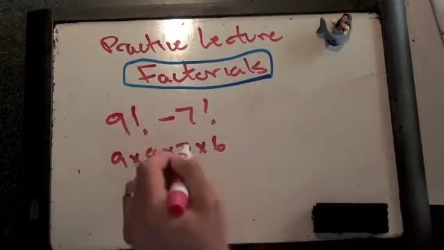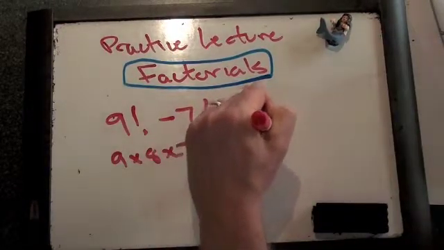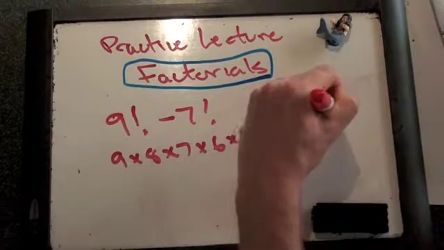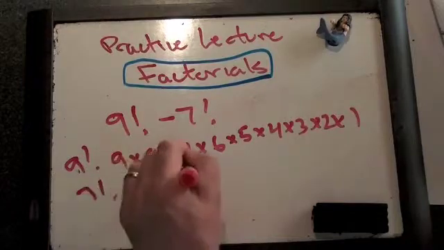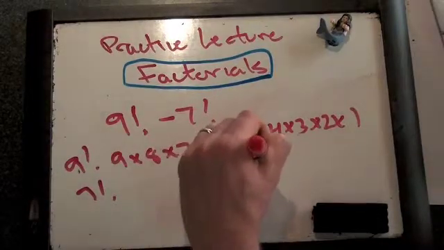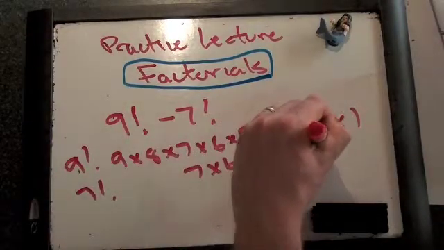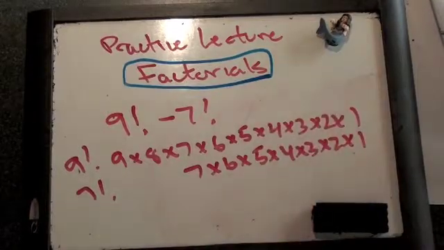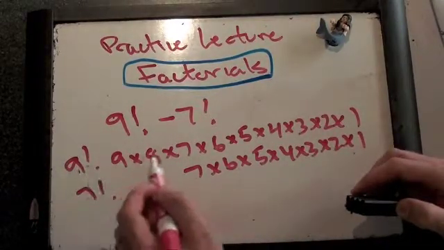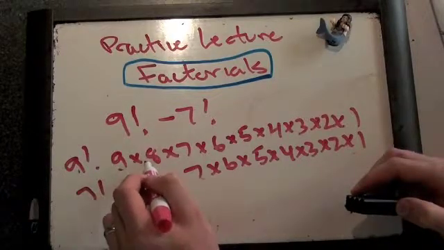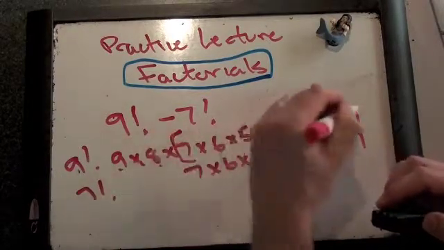9 times 8 times 7 times 6 times 5 times 4 times 3 times 2 times 1. This is 9 factorial. And here's 7 factorial. It's just 7 times 6 times 5 times 4 times 3 times 2 times 1. So look, do you notice that 9 factorial is the same as 9 times 8 times 7 factorial?